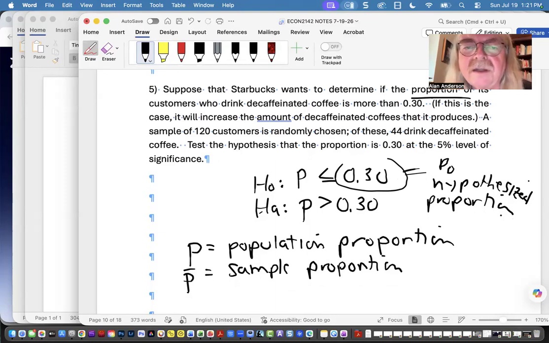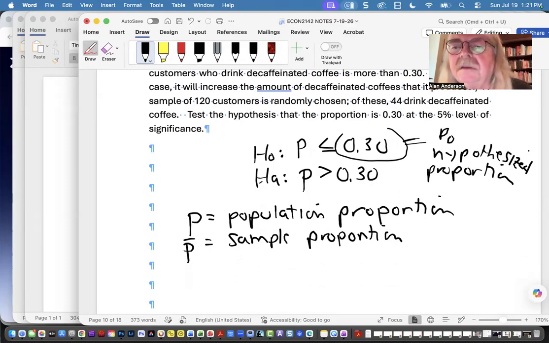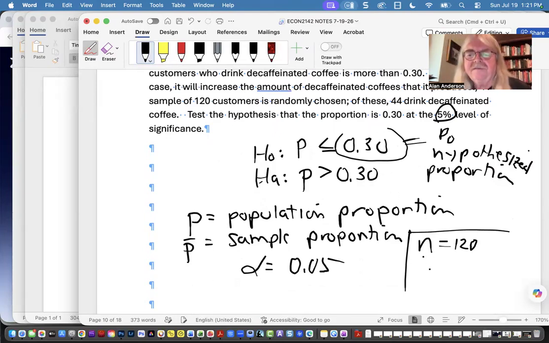So anyway, we pick a sample of 120 customers. Oh, before we do that, the level of significance is 5%. So we pick 120 customers, 44 drink decaf.